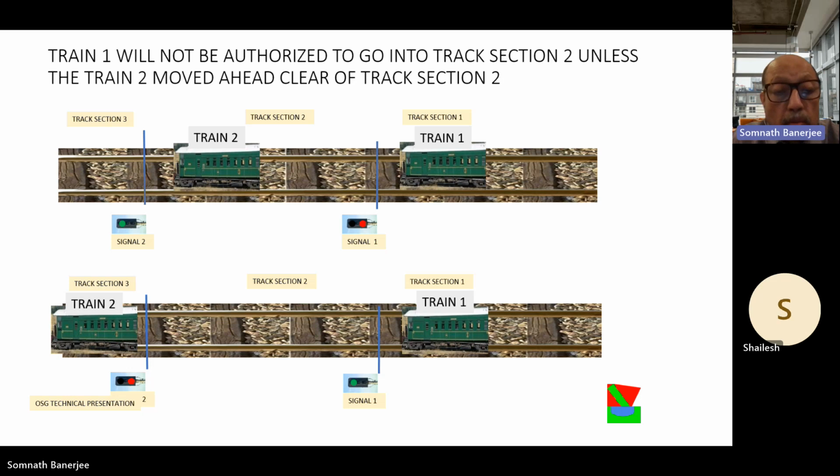Now, when train 2 moves to track section 3, train 1 will be authorized to move into the next track section. So, these are all controlled through color light signals which tell the trains to go ahead, pass it or not.